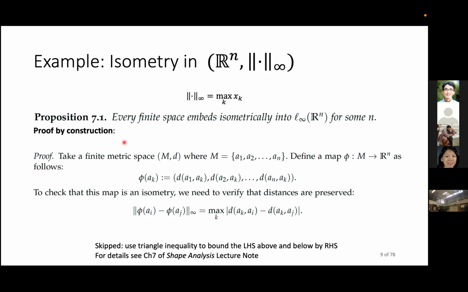So it serves as a toy example because it doesn't really serve any practical purposes, because you can't really do any sensible algebra in the infinity norm space. So I just want to bring about this proof, and if you're interested, you can take a look at the lecture notes. Basically, it's not very related to everything else.